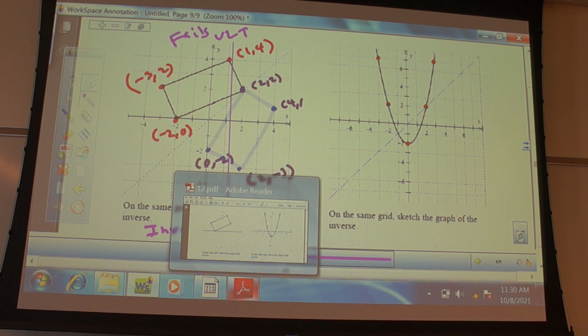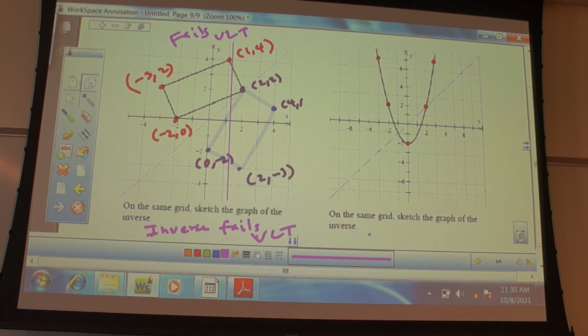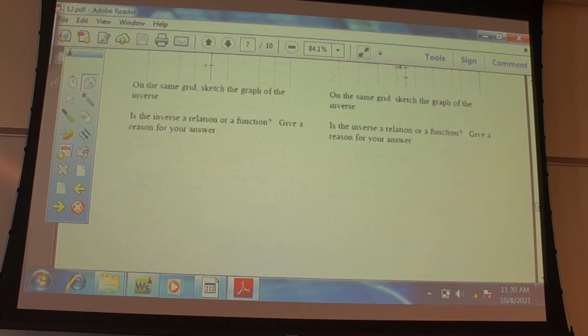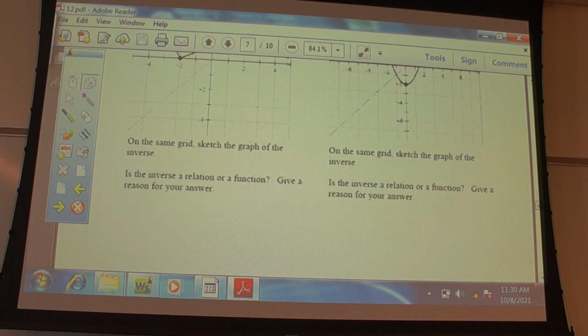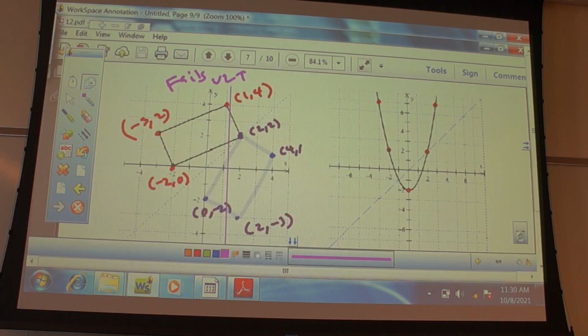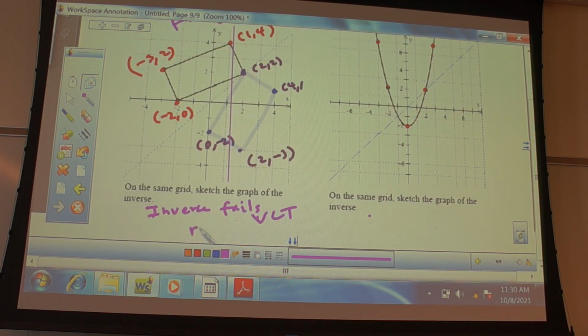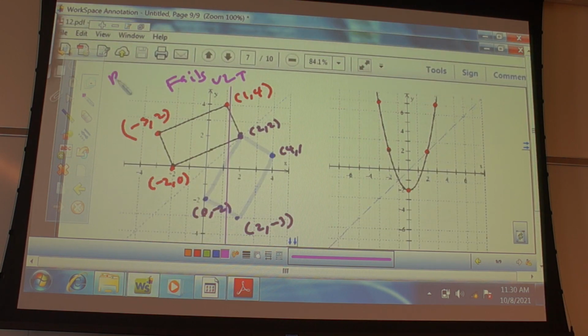So then, if it fails the VLT, then it's a relation, right? Relation. The original one is also a relation.